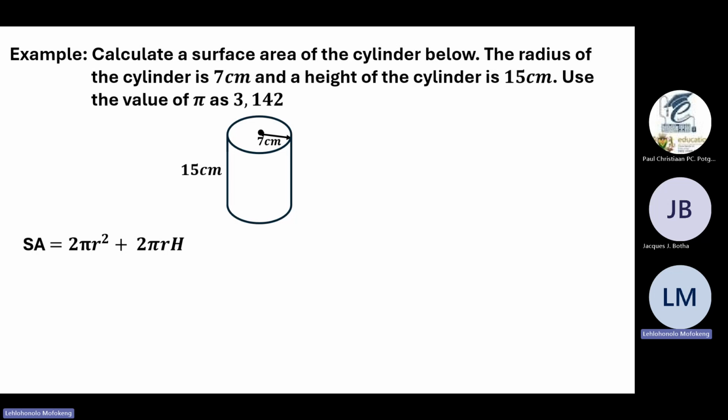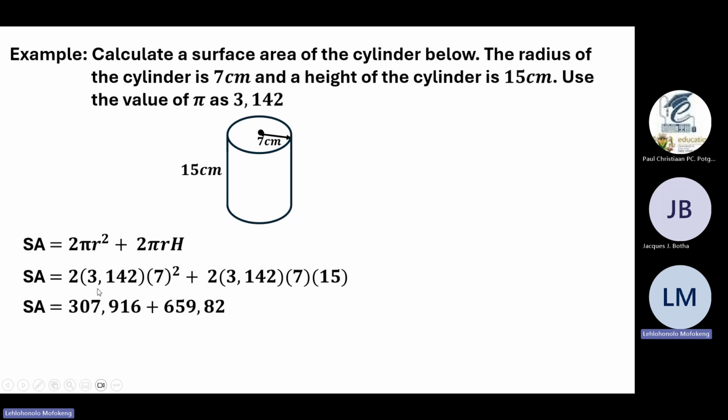Now we are going to substitute into this formula. For pi, we substitute 3.142. And then for radius, it is given as 7, and so forth, even this side. And then ultimately, we are having 307.916, as well as 659.82.